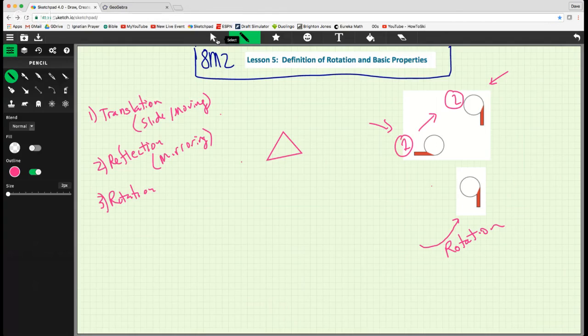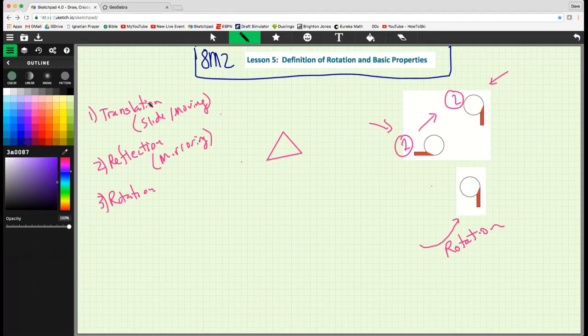And notice the key on rotation. Let's just remind ourselves, translation, we move along a vector. And when we reflect, we mirror across a line.